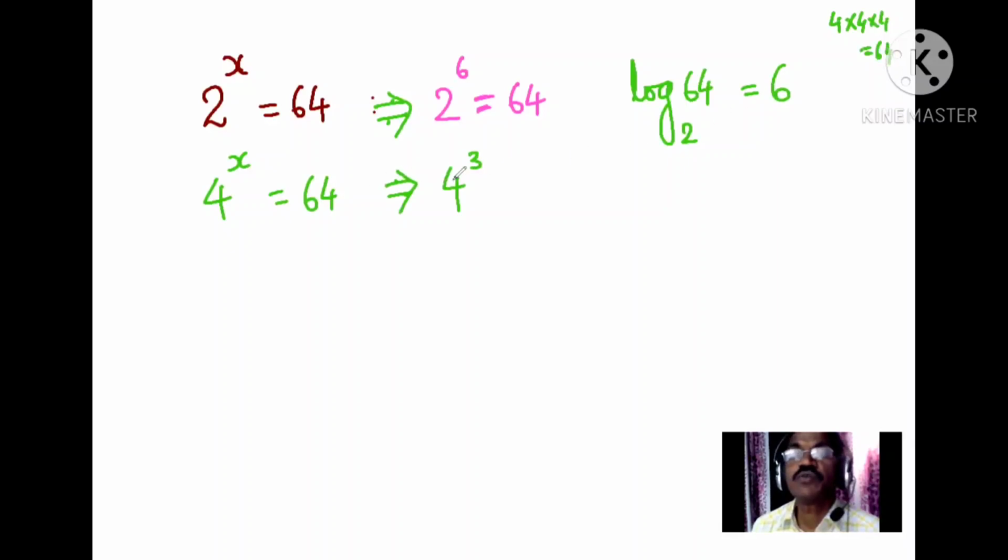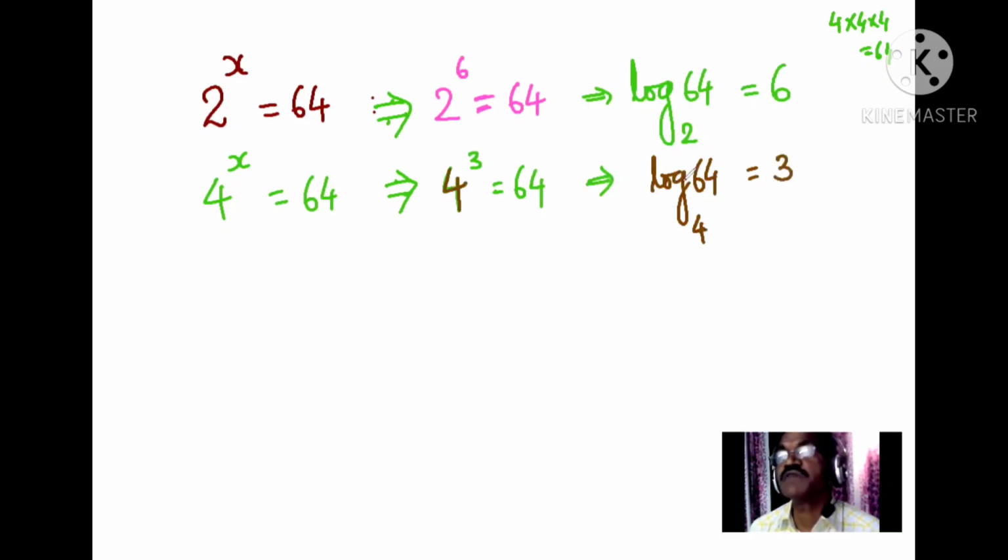Therefore, 4 raised to the power of 3 is equal to 64, which implies the logarithm of 64 to the base 4 is equal to 3. The logarithm of 64 is 3 when the base is equal to 4.